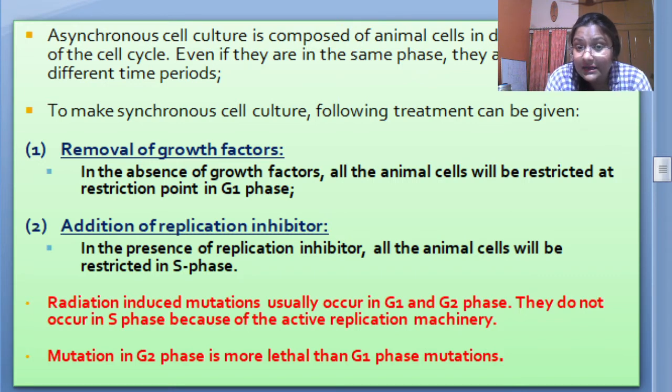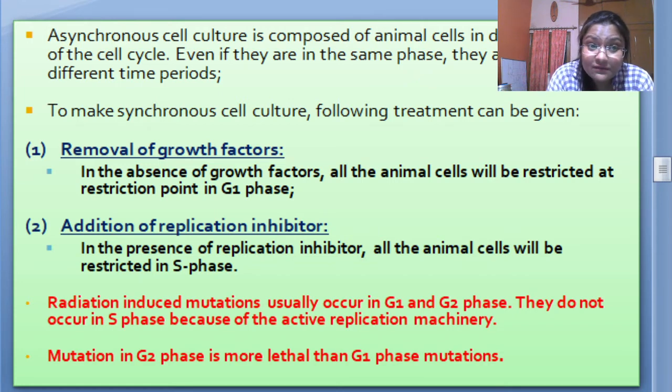If the cell detects growth factors at any point of time in G1 phase, then the cell proceeds to S phase, then G2 phase, and basically proceeds for division. But if growth factors are absent, then the cell does not divide at all, and it enters G0 phase, which is the resting state or quiescent state.